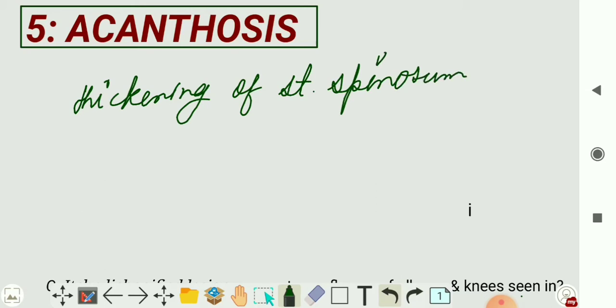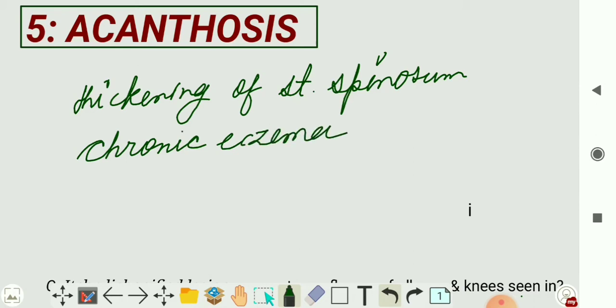And this thickening of stratum spinosum is seen in chronic eczema. As we know, the acute eczema presents with oozing out of fluid, but the chronic eczema presents with lichenified lesions.